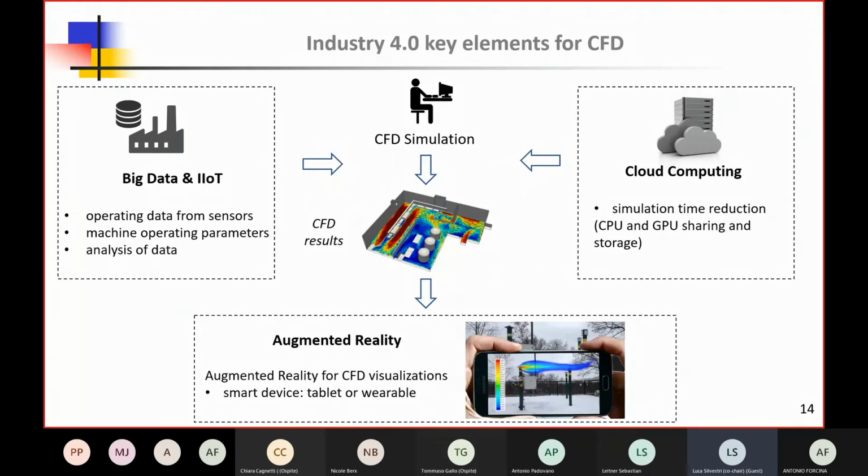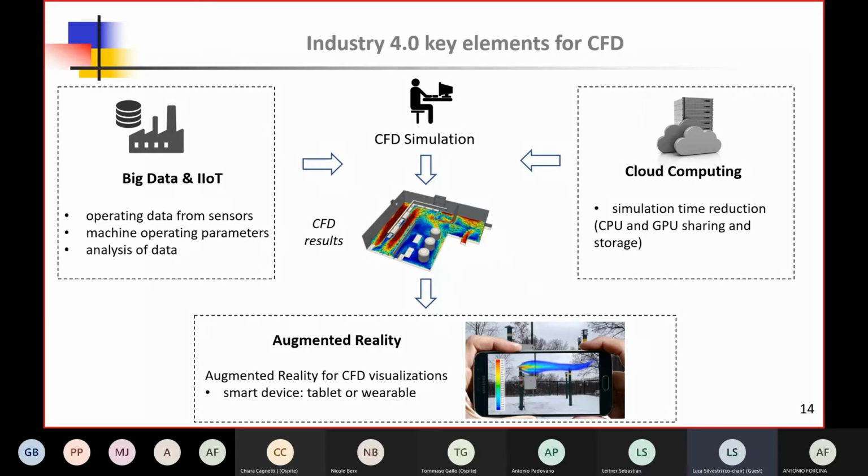This is the final framework that I realized during my literature review process, and I figured out how CFD simulation technology can integrate with other Industry 4.0 technologies.